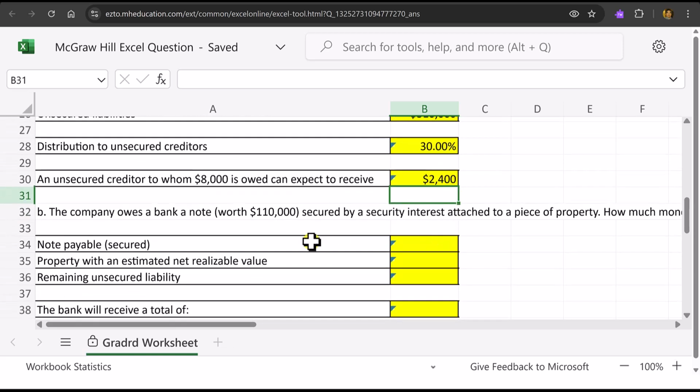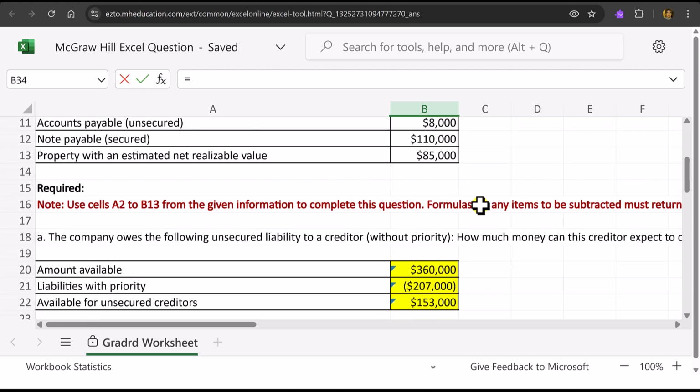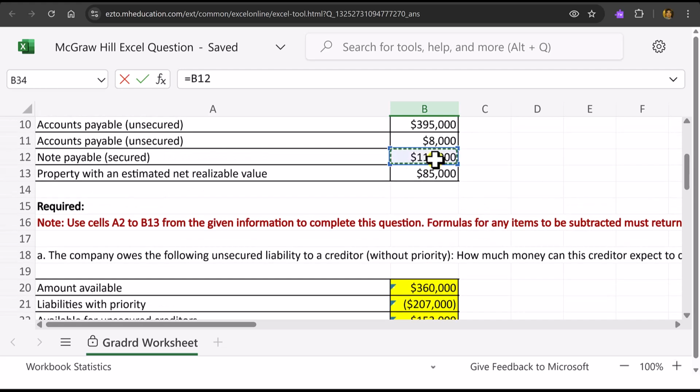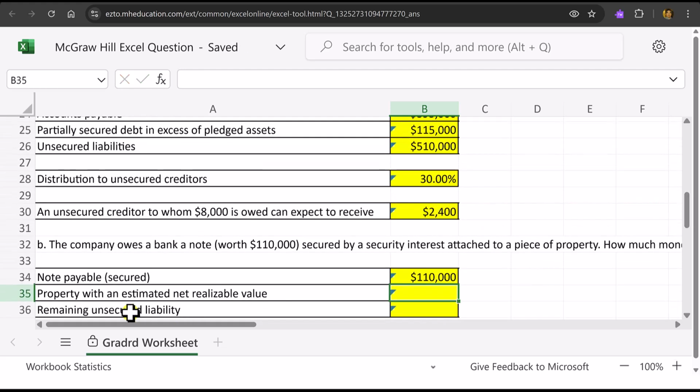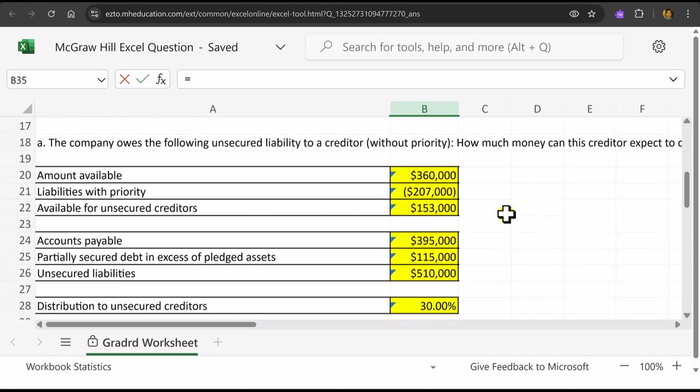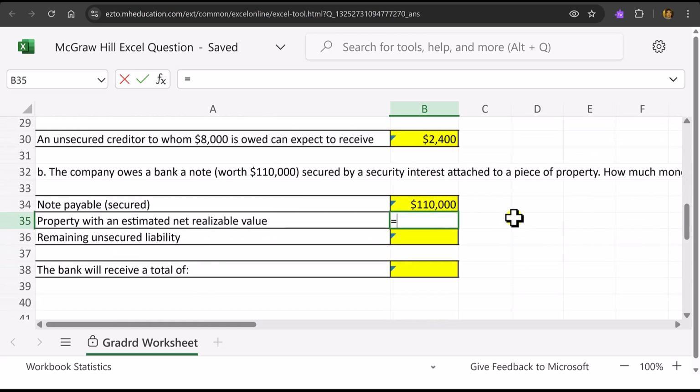Okay, so let's put in the note that they were owed 110, and the property that they can collect on, this 85. Let me try that again.